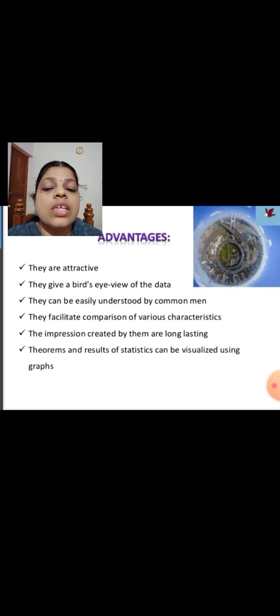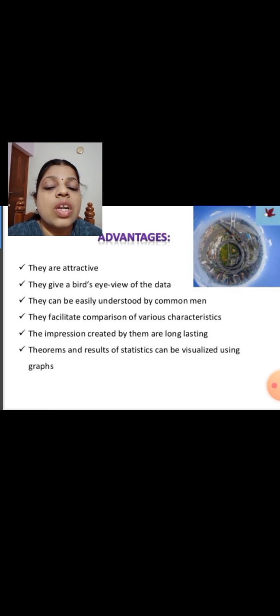The next one is they can be easily understood by the common man. If we present the data in a diagrammatical manner, it is easily understood even by the common man. They may not be aware of the data, but these diagrams specify their purpose of formation.